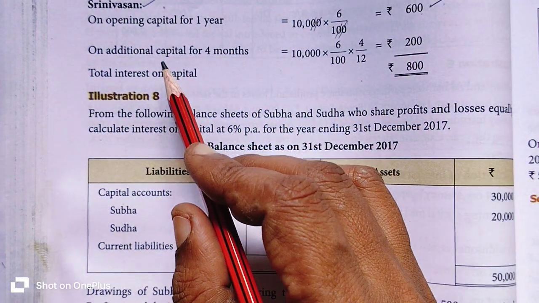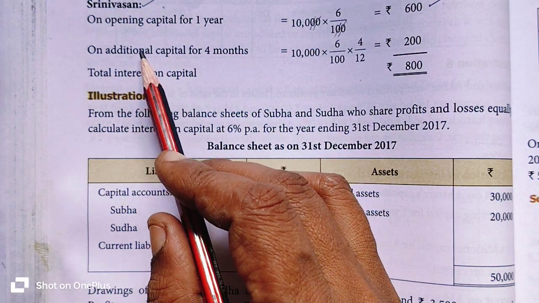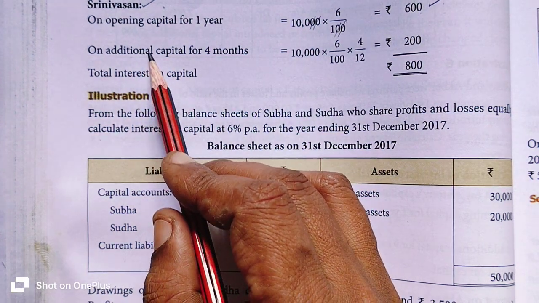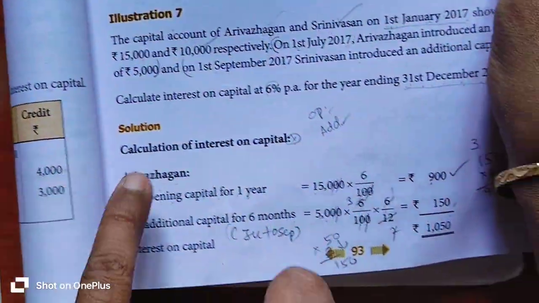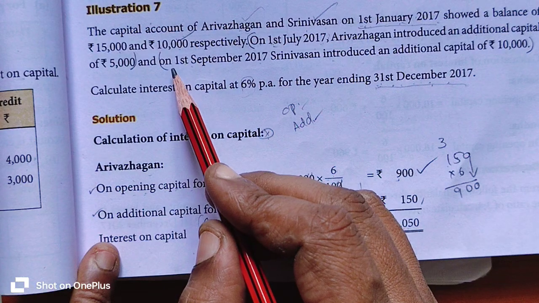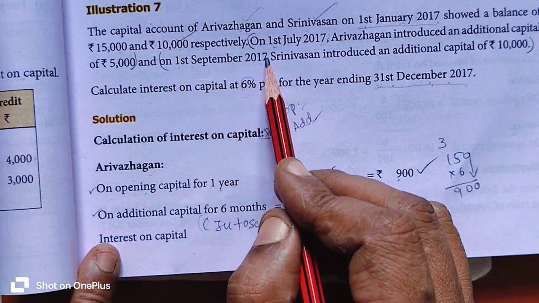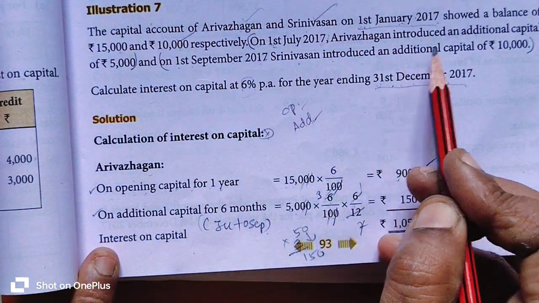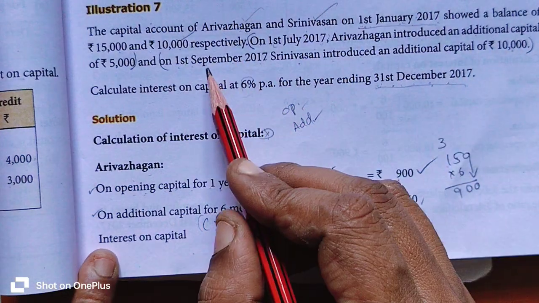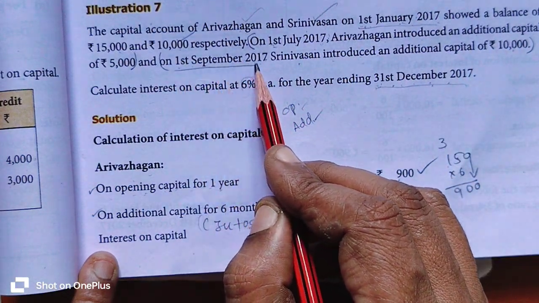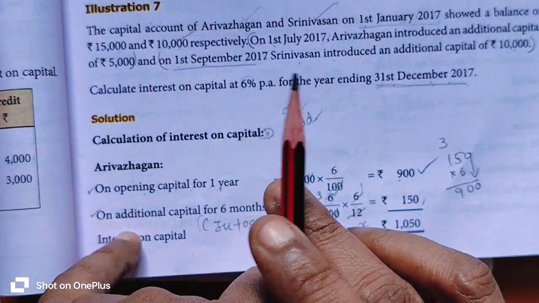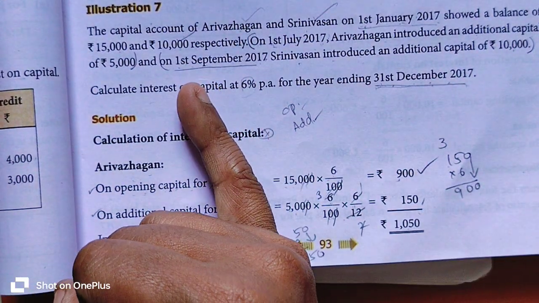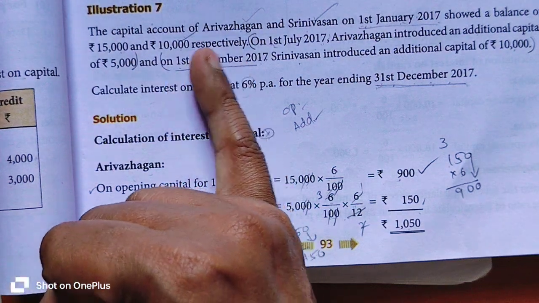Now we calculate interest on the additional capital introduced during the year. Listen, on 1st September 2017 Srinivasan introduced additional capital of 10,000 rupees. From 1st September 2017 to 31st December 2017, how many months are there? 1st September means we have to take September as a full month.